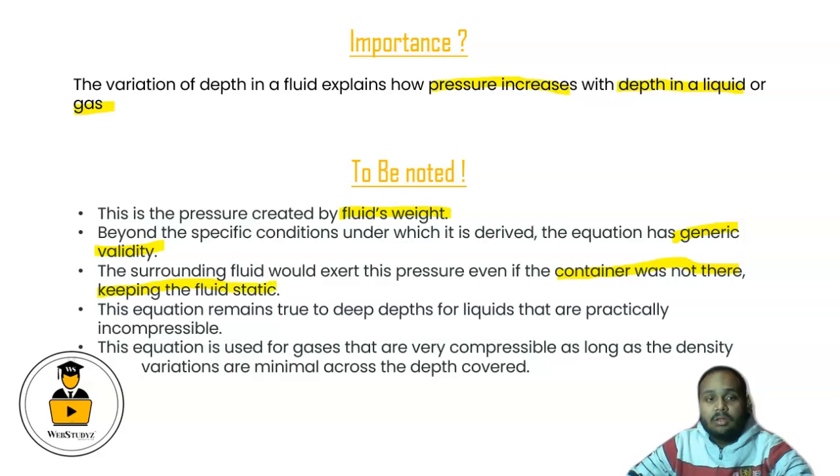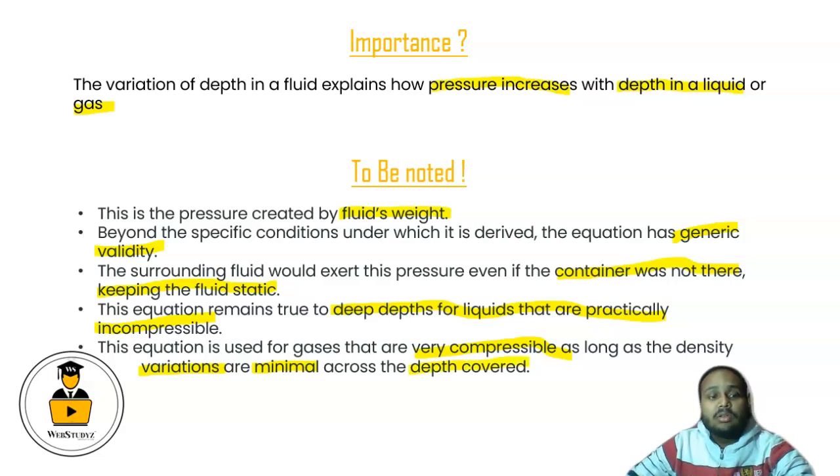Apart from this, this equation remains true to deep depth for fluids that are practically incompressible. Fine. And this equation is used for gases that are very compressible as long as the density variations are minimal across the depth covered.